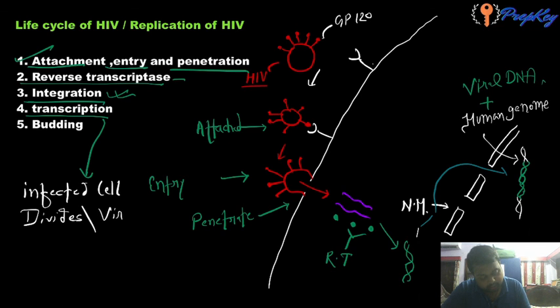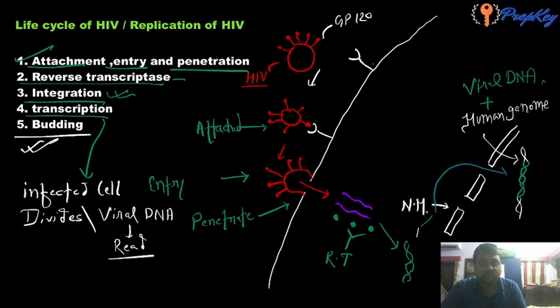Is it clear? And the new copies are made, and the budding process is the last and most important part here. So they come out from the cell with a protein coat. That's clear. This is the life cycle of HIV, or its replication.